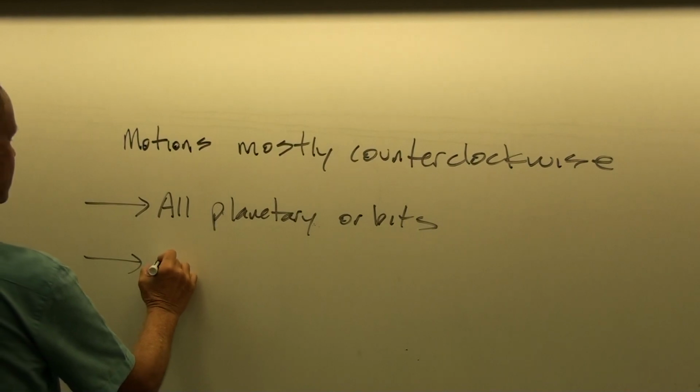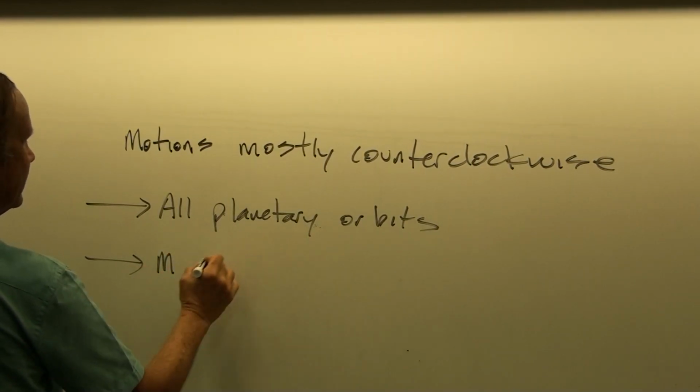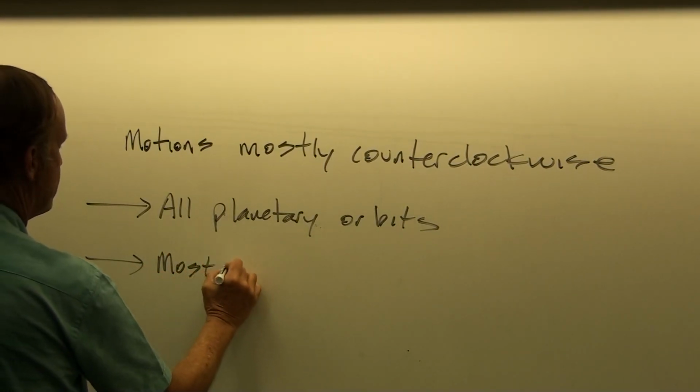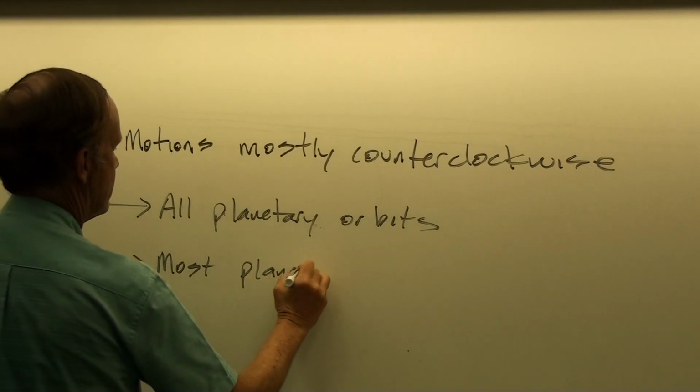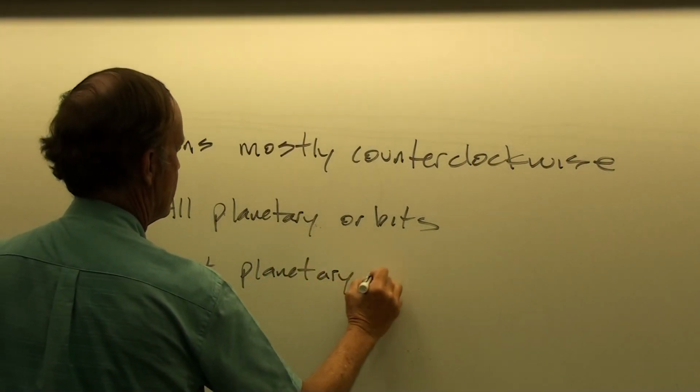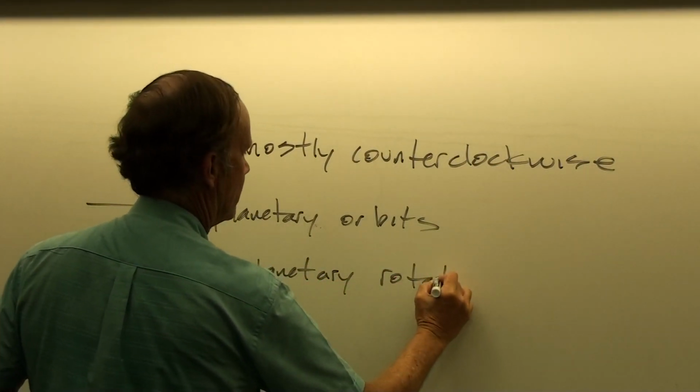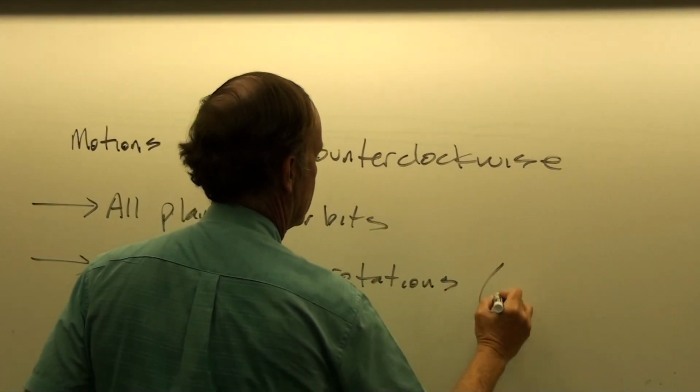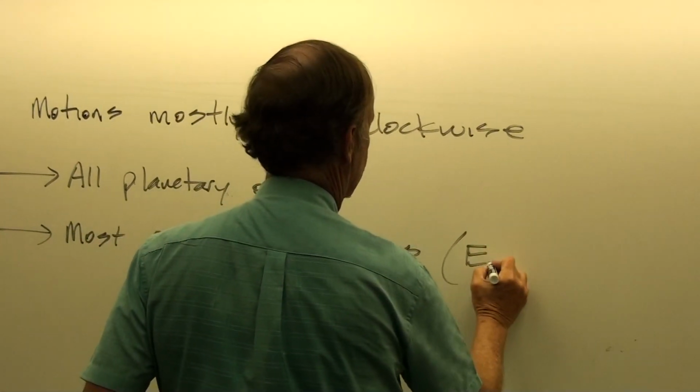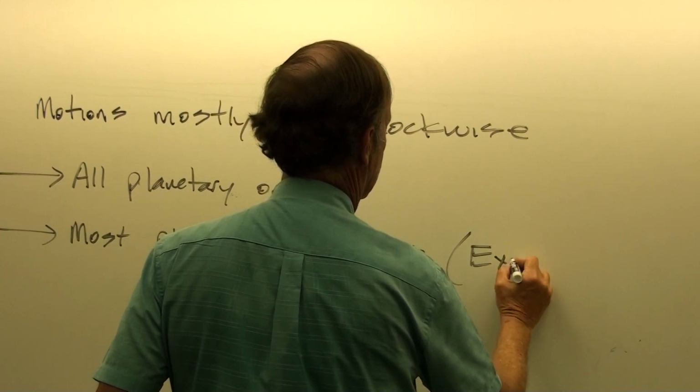It includes most of the planetary rotations. And the exceptions are Venus and Uranus.